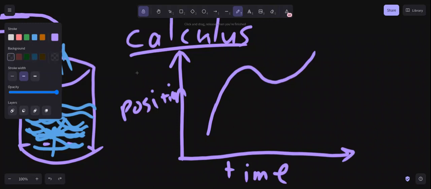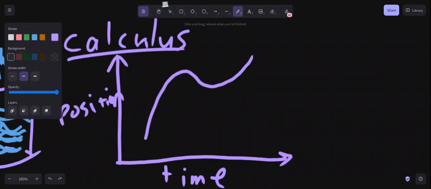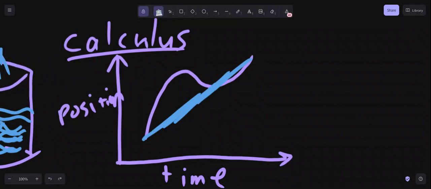What I want to figure out is, first of all, the average rate of change for this entire function. The average rate of change for the entire domain would be the slope of this line that connects the bottom boundary of the domain and the upper boundary of the domain.